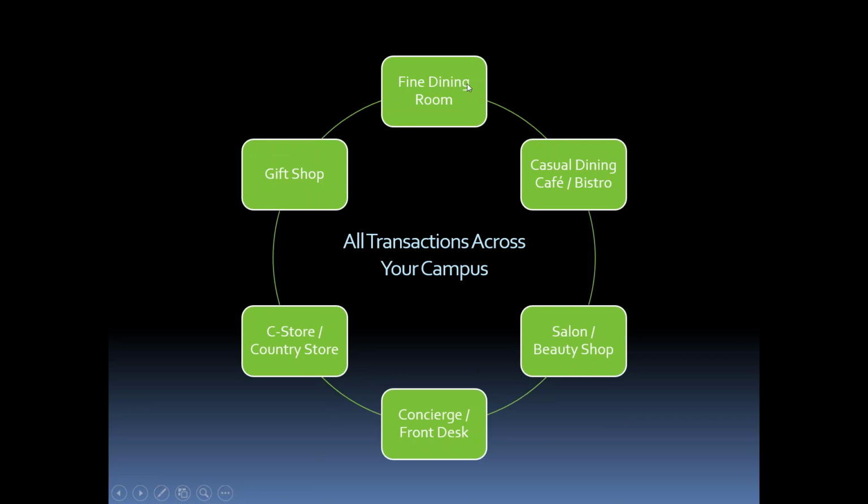So as you can see here, fine dining room, casual cafe bistro, the beauty salon, concierge front desk, C-store, country store, and gift shop. And one of the things that's not in this little wheel here is we have a managed gift card application, which allows residents to buy gift cards for their family members. So when they come into your campus, they can spend anywhere on campus from that gift card.